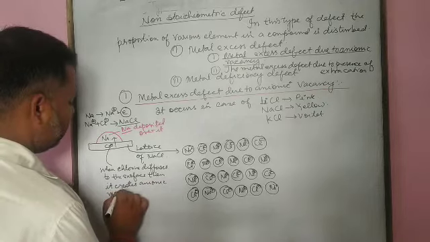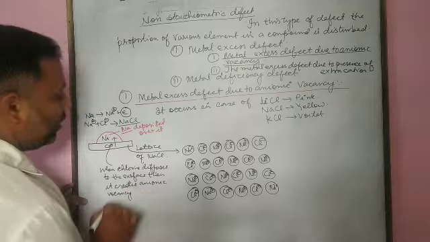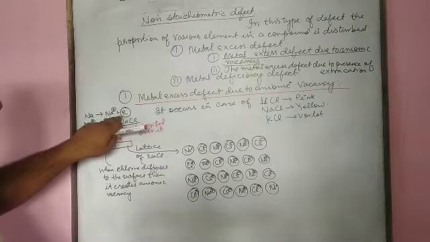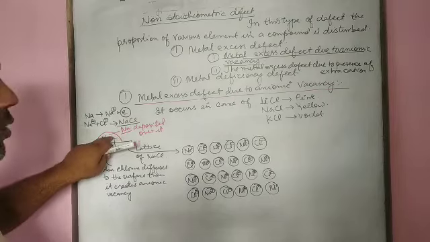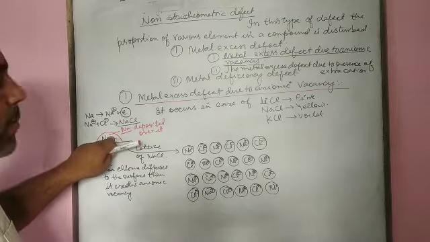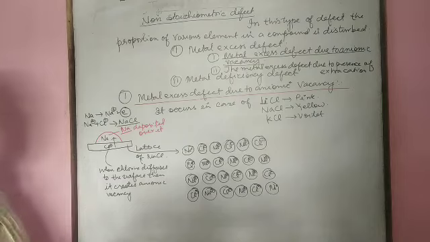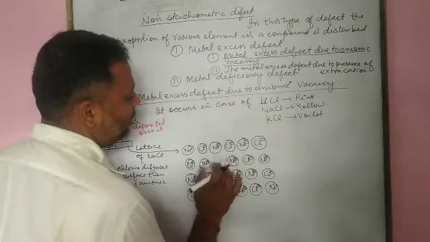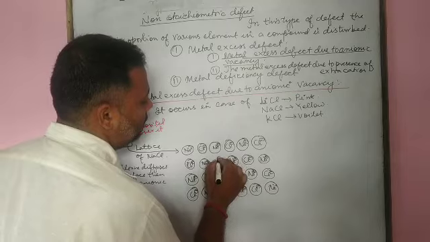Anionic vacancy. And the electron which is produced here due to ionization of sodium, which is deposited over the surface, diffuses inside the lattice and occupies the anionic vacancy. Here, what is there? Electron.